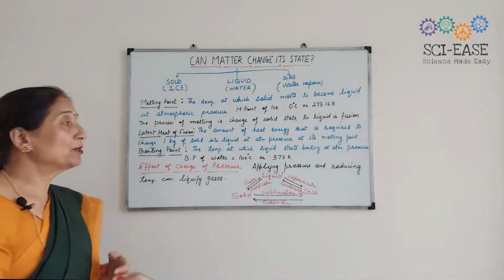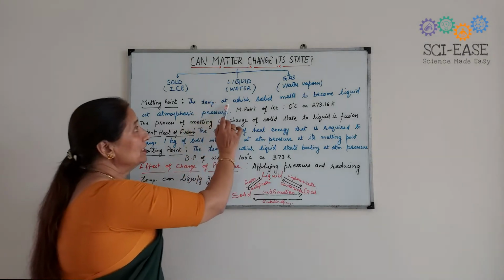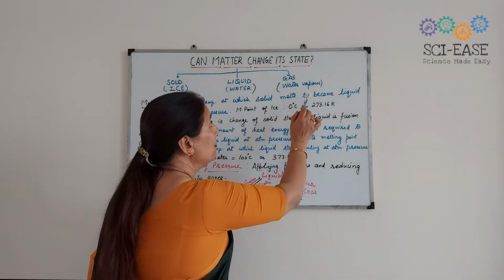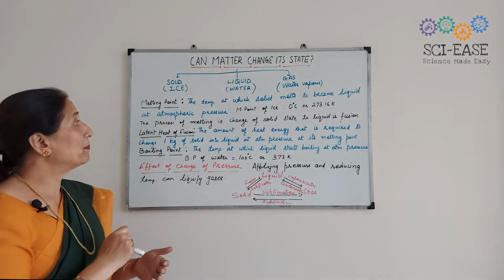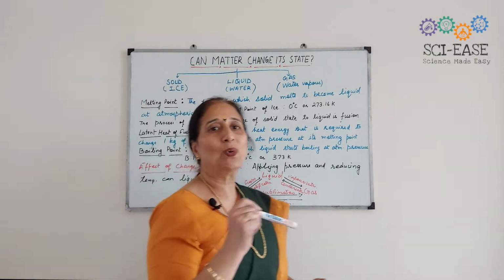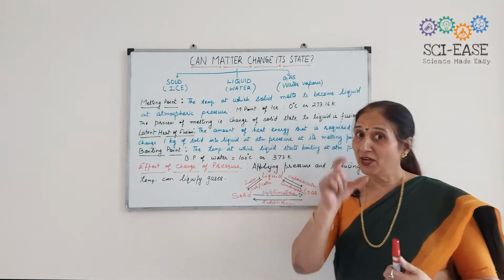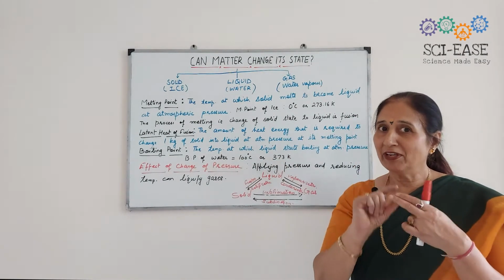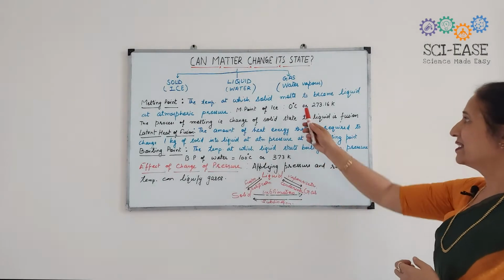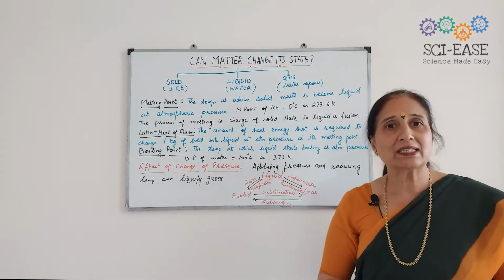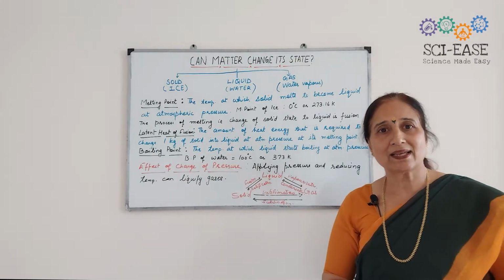So what is that point known as? The temperature at which the solid melts to become the liquid at atmospheric pressure is known as the melting point of ice. Record that. The ice melts at 0 degrees Celsius, and in the Kelvin scale, it is 273.16 K.